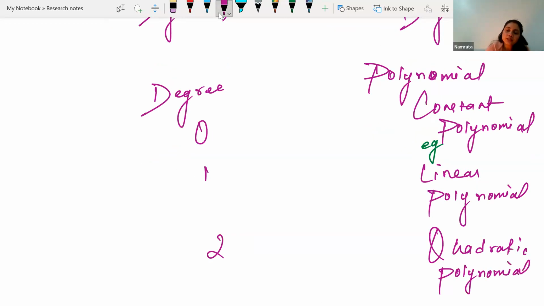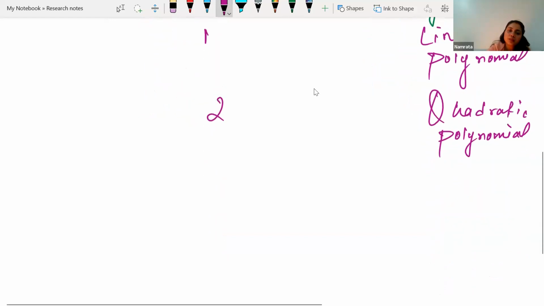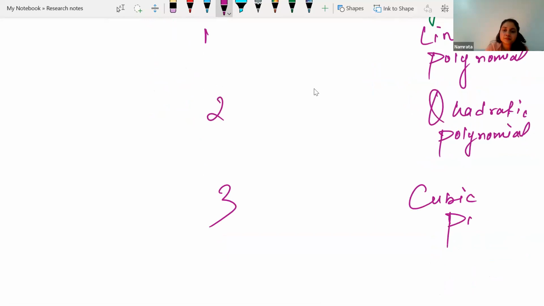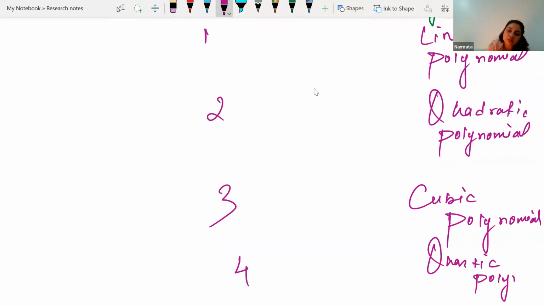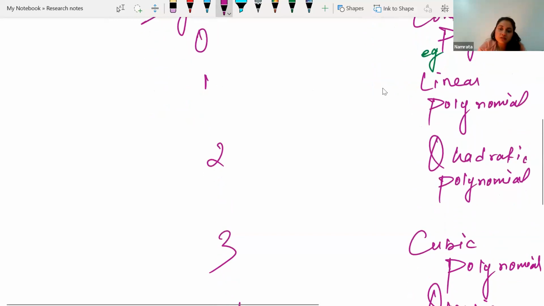When the degree is 3, it's called cubic polynomial, and when the degree is 4, it is called quartic polynomial. This much only you need to know. And the remaining ones, degree 5 polynomial, degree 6 polynomial, that way only we can take that.